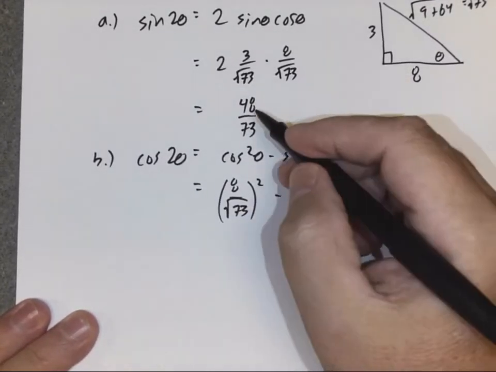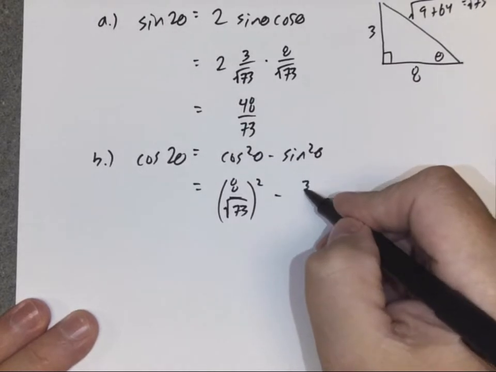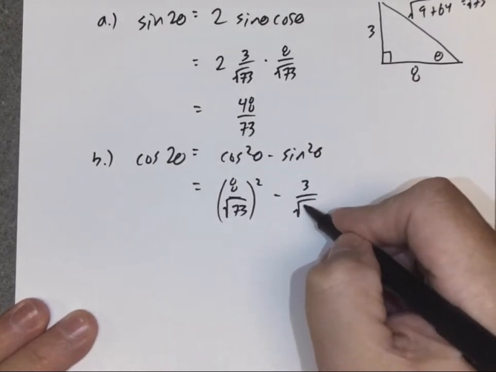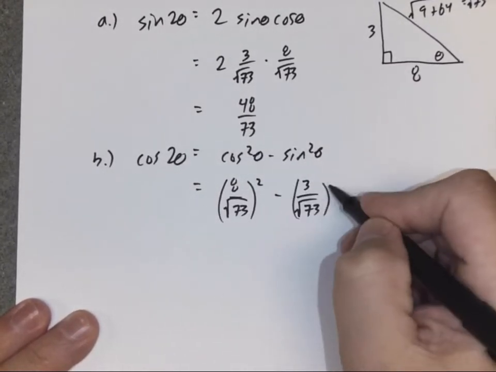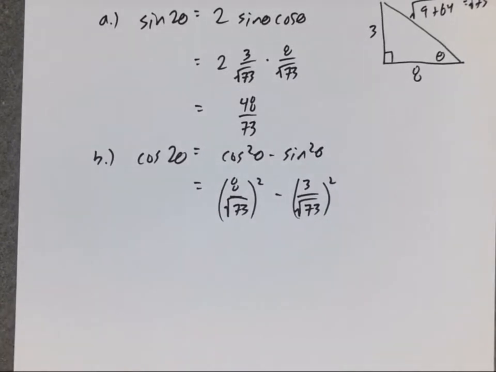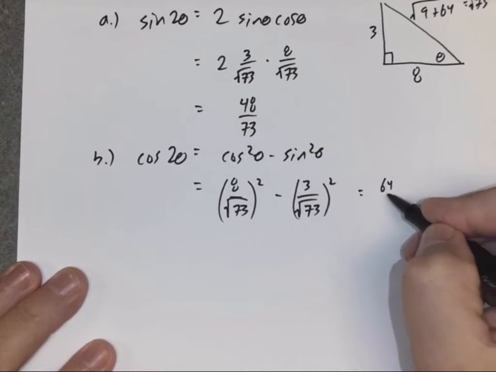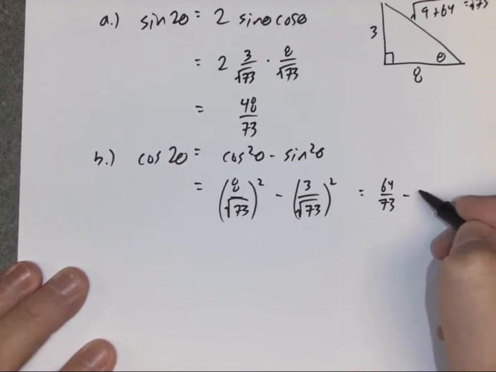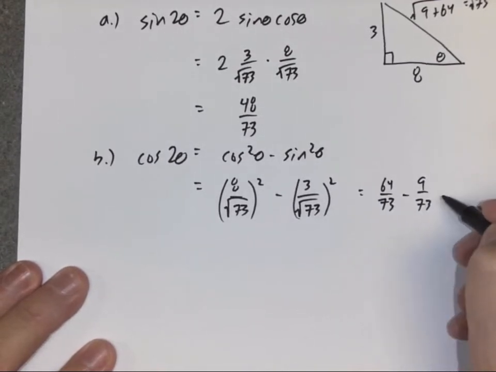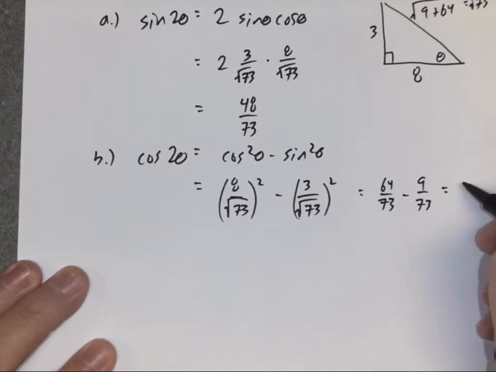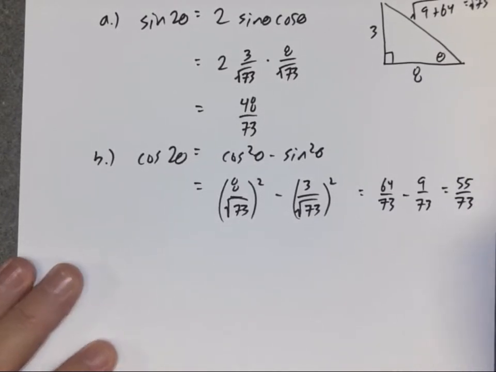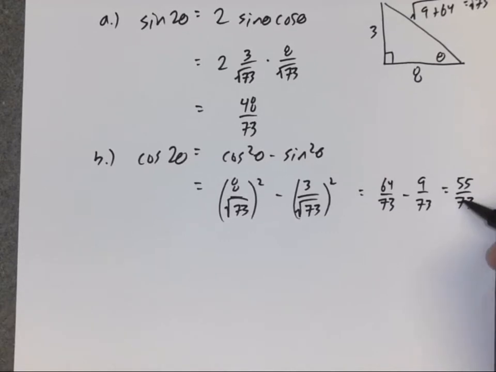Minus sine theta is 3 over square root of 73 squared. So this is 64 over 73 minus 9 over 73. Looks to me like it's 55 over 73 if I didn't make any math errors. That looks correct.